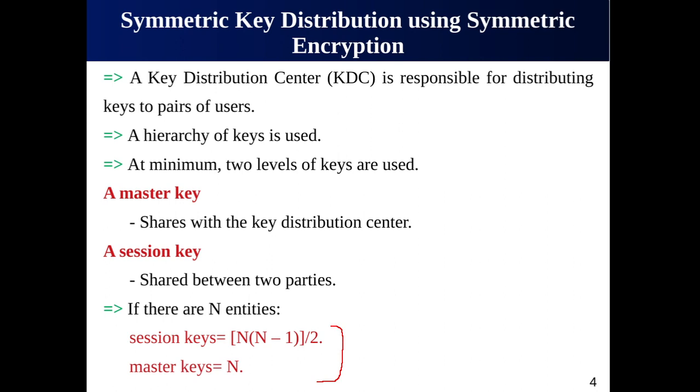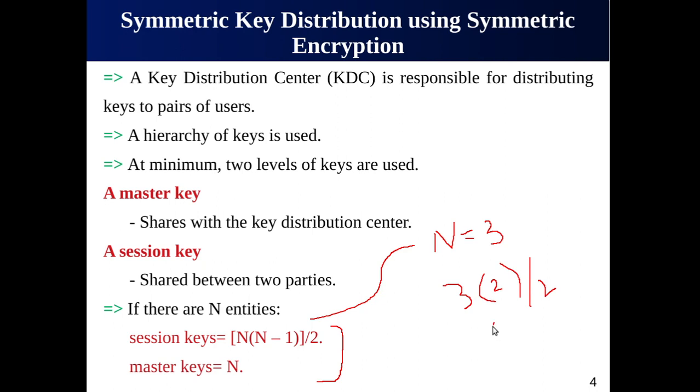In any case, the total number of session keys is equal to n into n minus 1 by 2, which means, for example, if n is equal to 3, then the total number of session keys is going to be 3 into 3 minus 1 is 2, divided by 2.